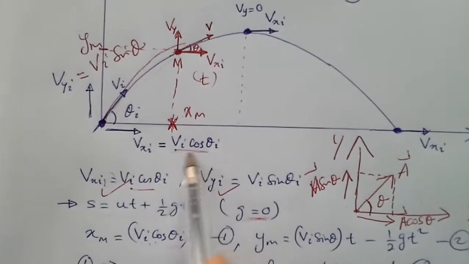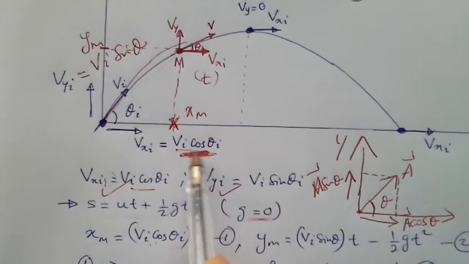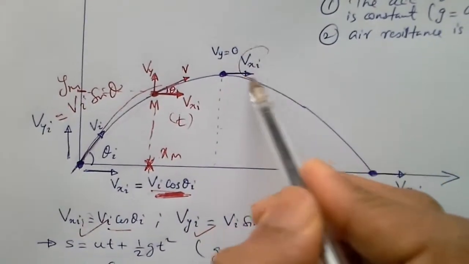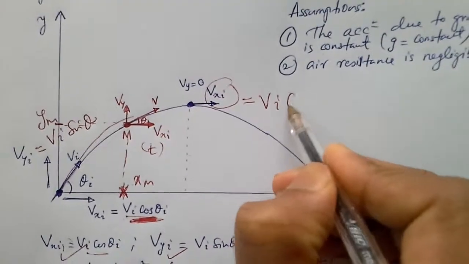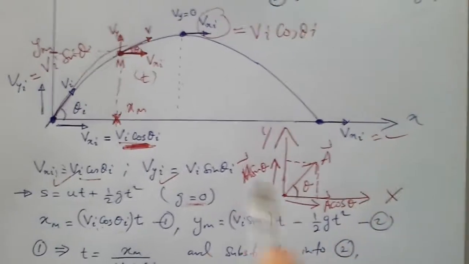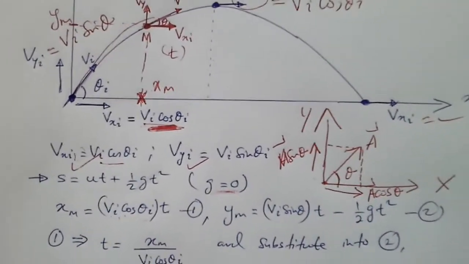This vi doesn't change because there is no acceleration to change this speed. The velocity here is vi cos theta I, and here also. It doesn't change in the horizontal direction, only in the vertical direction.